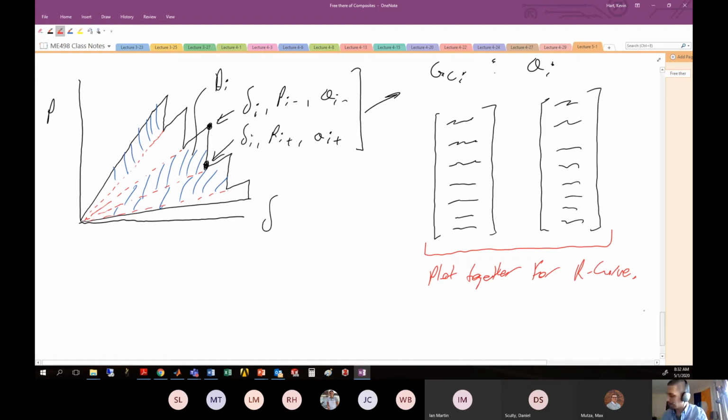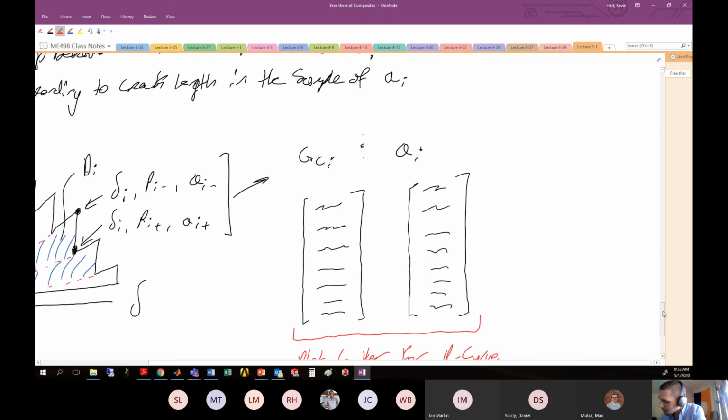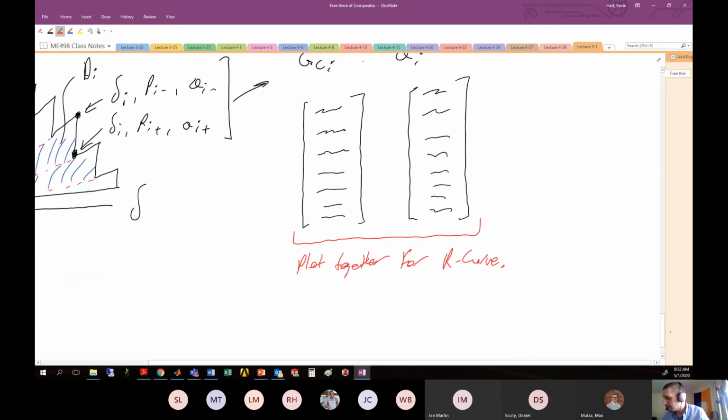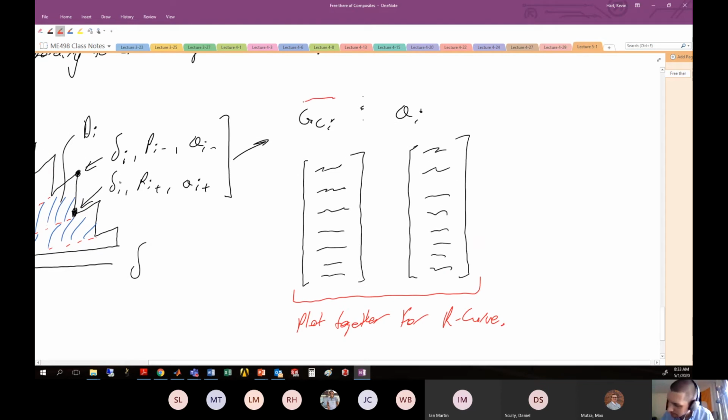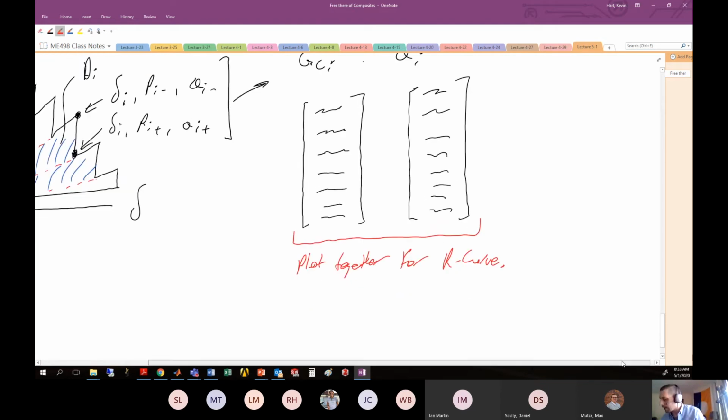Now, instead of just plotting load and displacement, we're going to plot crack length on the x-axis, and the associated fracture energy required for that particular crack propagation on the y-axis.